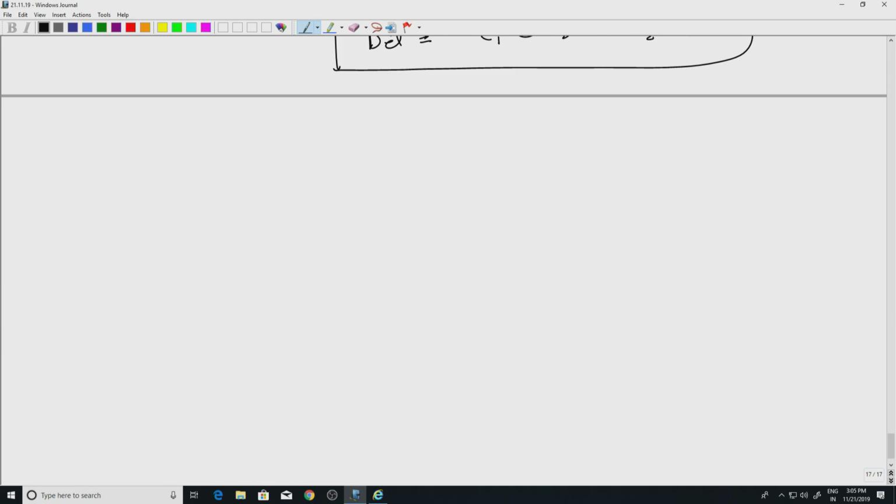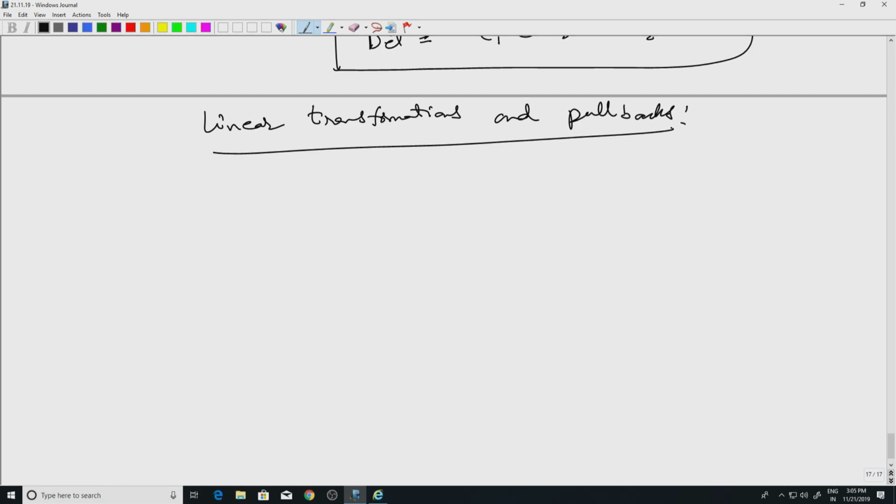Now, before I do that, let's look at linear transformations and pullbacks. So here the situation is as follows.